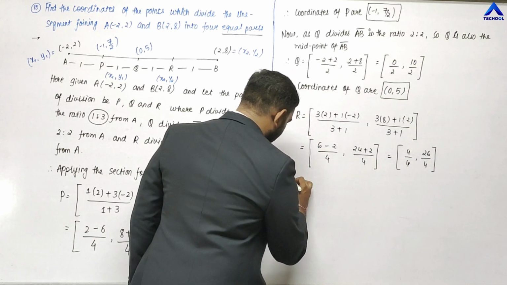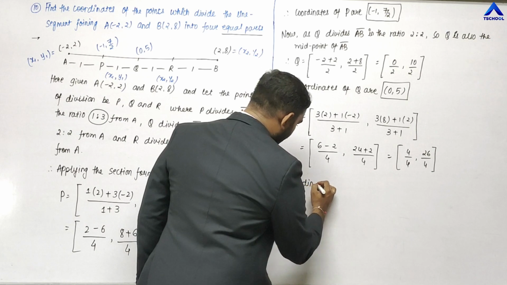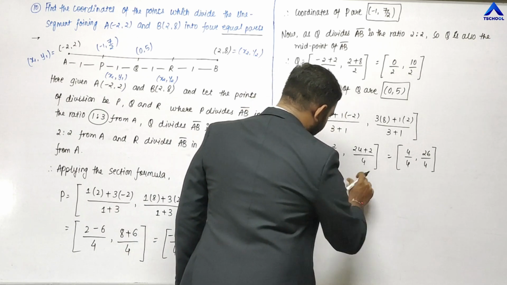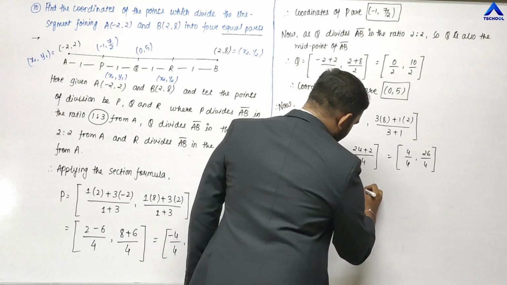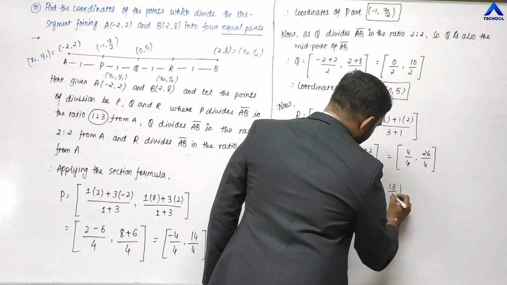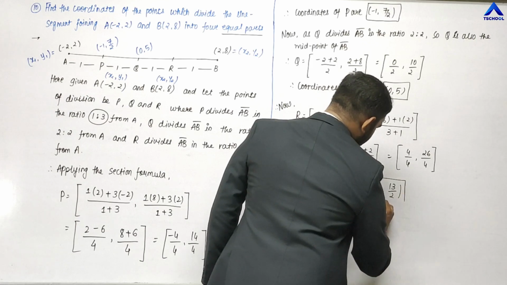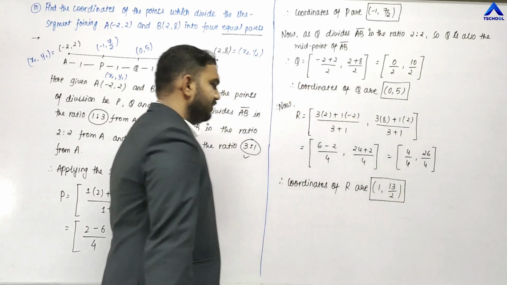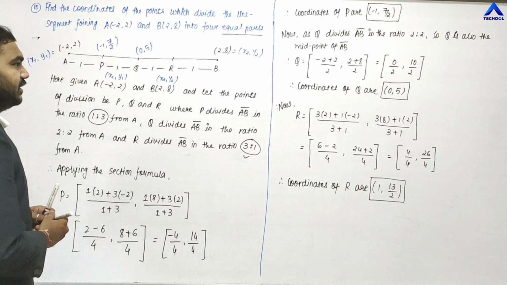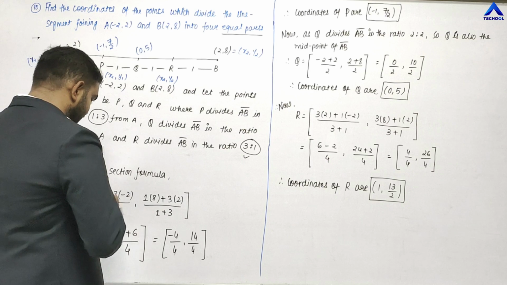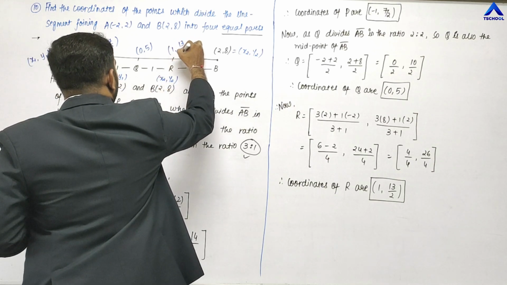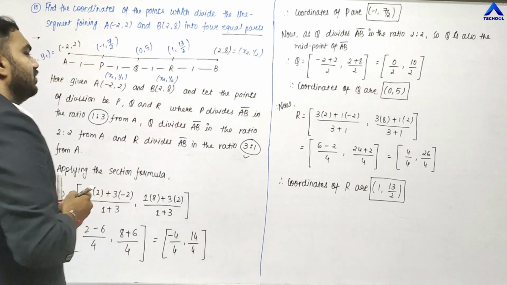Therefore, coordinates of R are 1 comma 13 by 2. So we got the third coordinates here, that is the coordinates of R are 1 comma 13 by 2. Right.